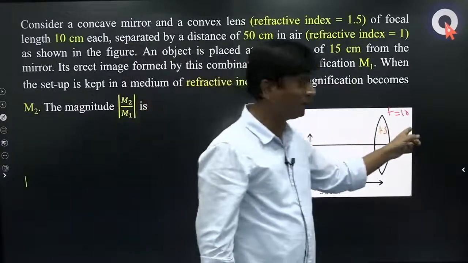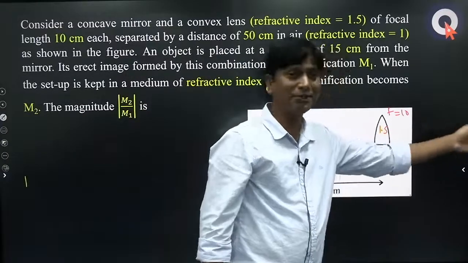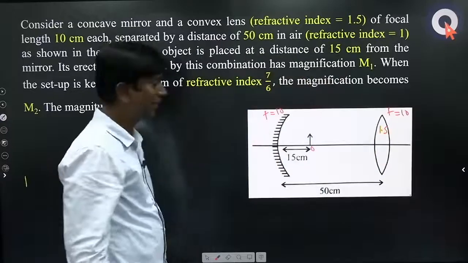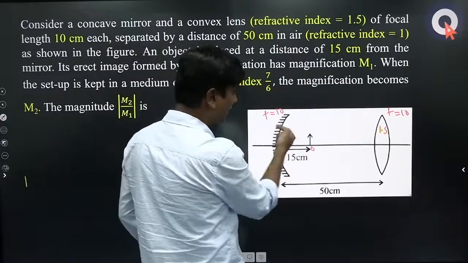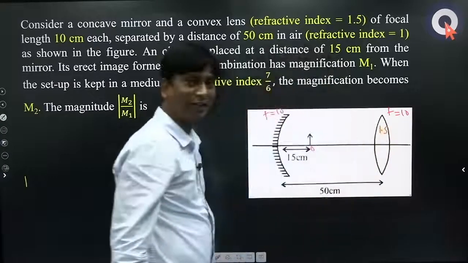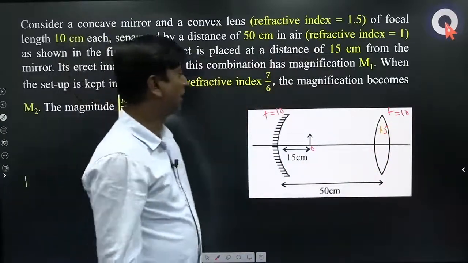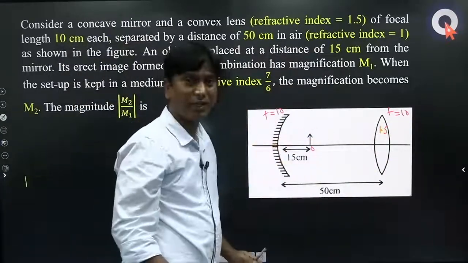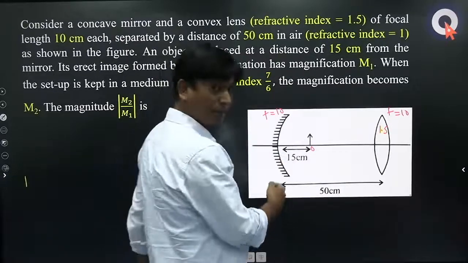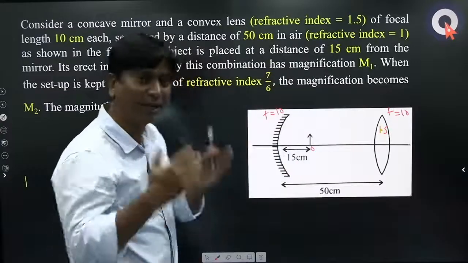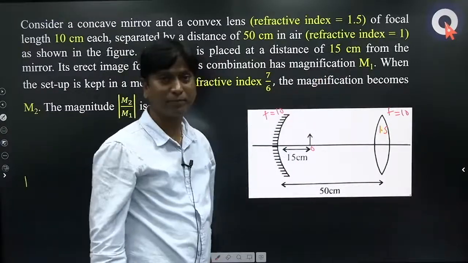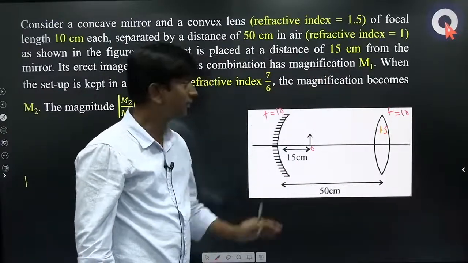Suppose if you take first only lens, after that you will get an image which cannot be formed again by the mirror, correct? So first you have to consider the ray is going like this, reflection, and then passing through the lens. Clear? Right. And after forming an image, this combination, first mirror then lens, it will get a magnification of m1. Okay, that is the question.